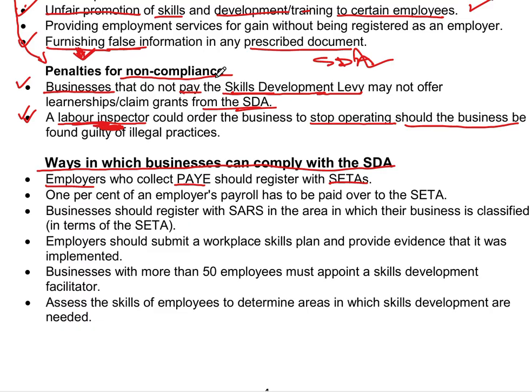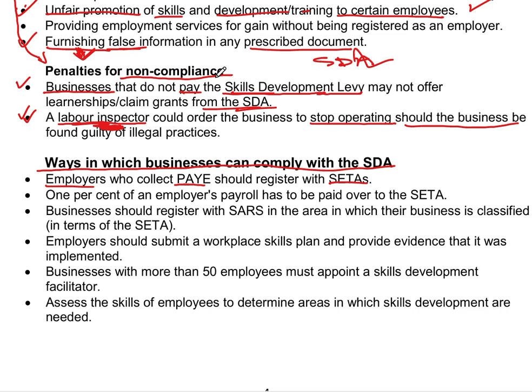Okay, so SETA stands for Sector Education and Training Authority. So this is a South African body established by the Skills Development Act to improve skills and address skills gaps in different industries. So you have to know firstly, what does SETA do?